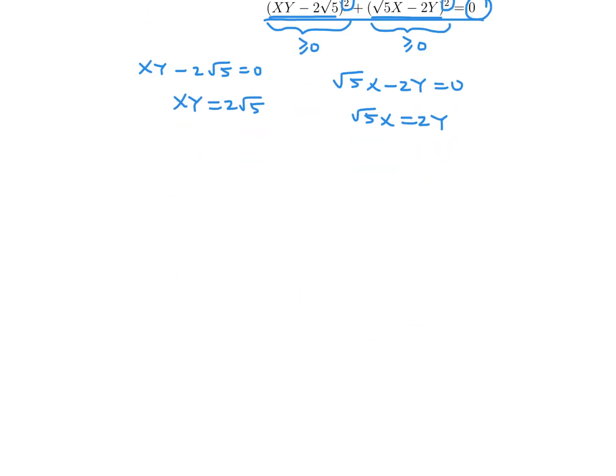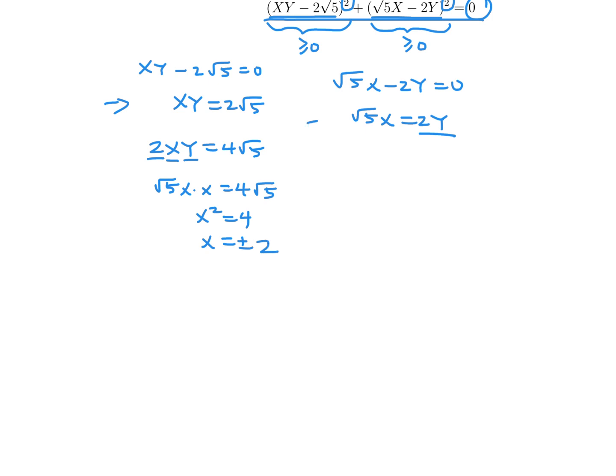And therefore, if we multiply both sides, 2xy is 4 root 5, and 2y is root 5x, so the 2y can be replaced with root 5x, and then we've got the x left over there. And then therefore x squared is 4, so x is plus or minus 2, I believe. And then if you sub it back in for y, you'll get y is equal to plus or minus root 5. So when x is 2, y is root 5.